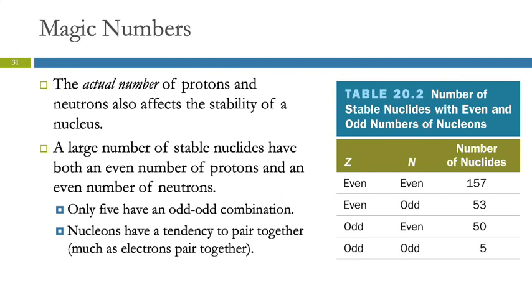So we see the majority of them are even. And these guys here, we've got an odd even and an odd even. So the reason for this is that nucleons also tend to pair together, sort of like electrons do, right? The electrons had spin, and they spin paired, and then they were able to hang out together. So similar sort of thing happens here.